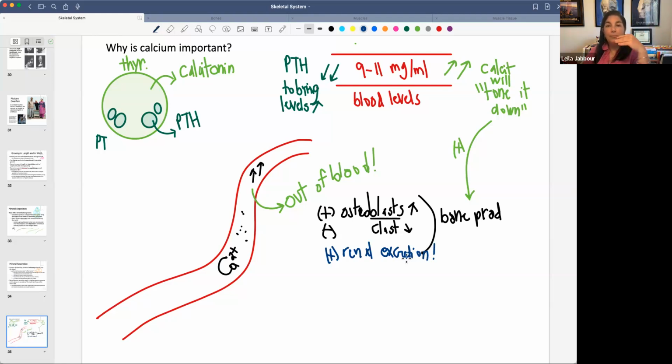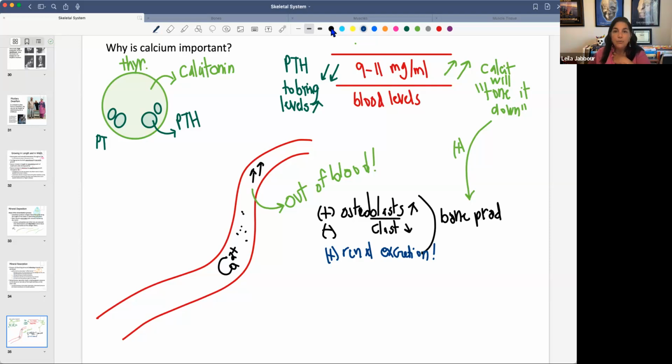We get rid of it from taking it out of the blood and putting it into the urine. So this is at the level of the nephrons and the kidney tubules. Calcium is in that glomerulus, and it's going to be pushed out of the glomerulus into the tubules and into this urine filtrate to be excreted and out. And that's a great way of getting rid of calcium.